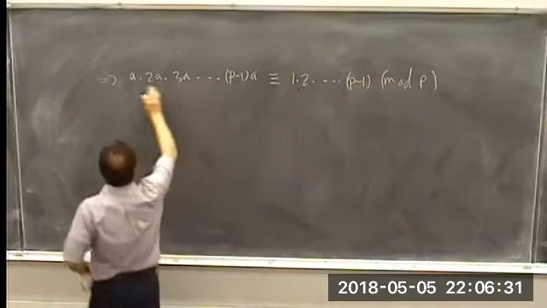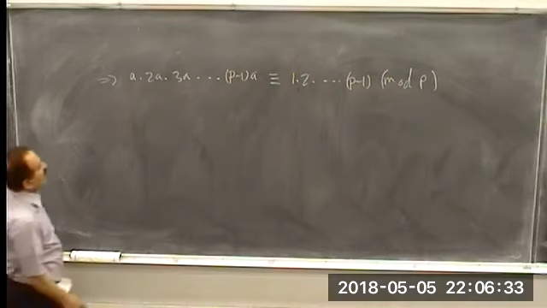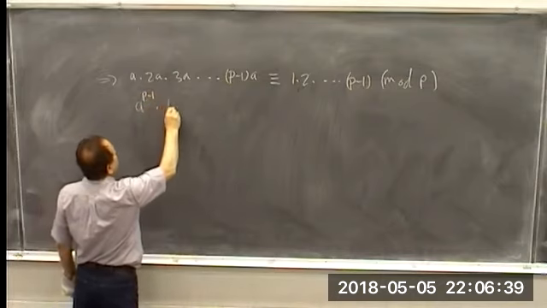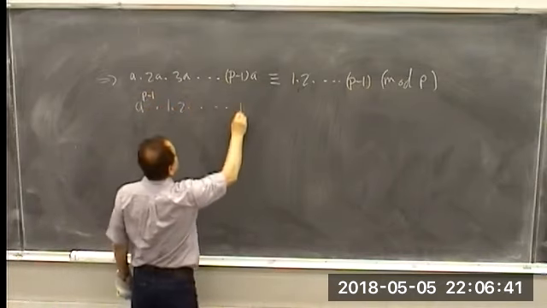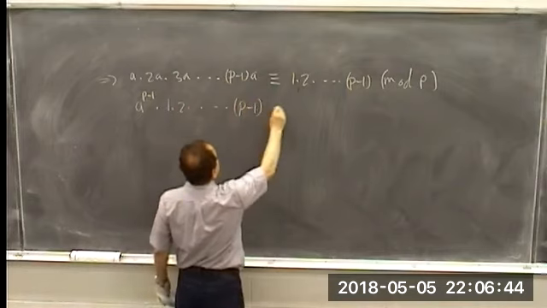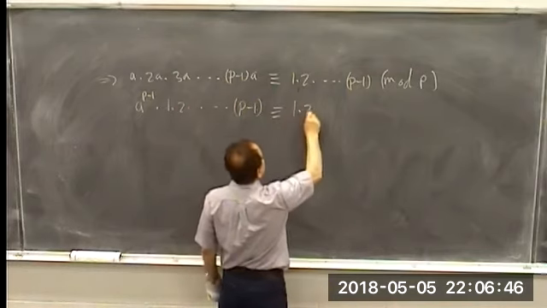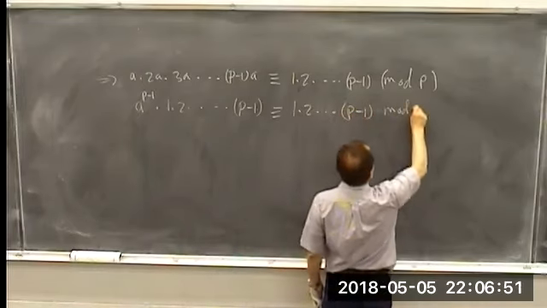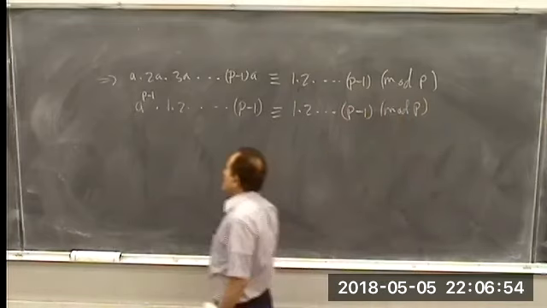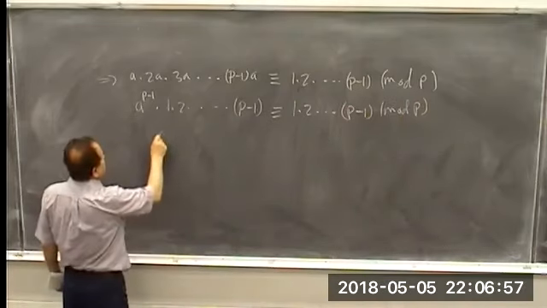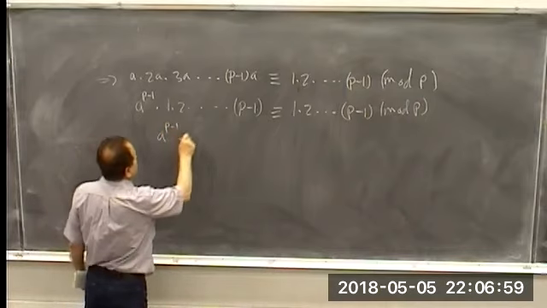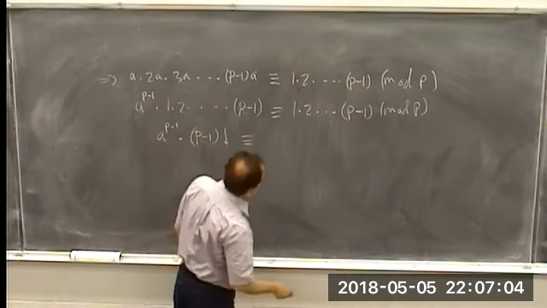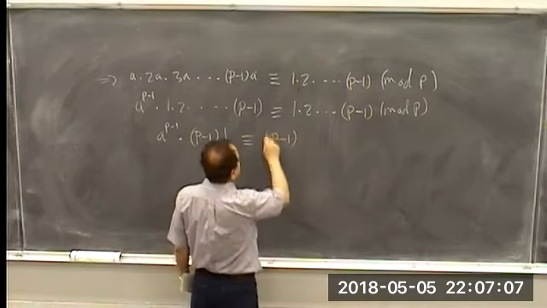Once again, if we take the a out of all of these, we get a to the p minus 1 multiplied by 1, 2, and so on, up to p minus 1, and this is congruent to this part mod p. So we can write this as a to the power p minus 1 multiplied by (p minus 1) factorial, and on the other side, we have (p minus 1) factorial.